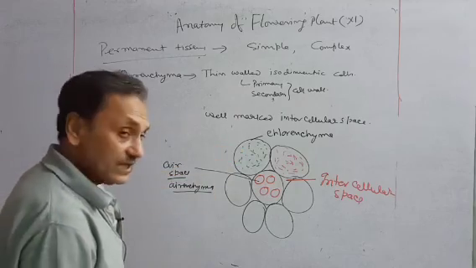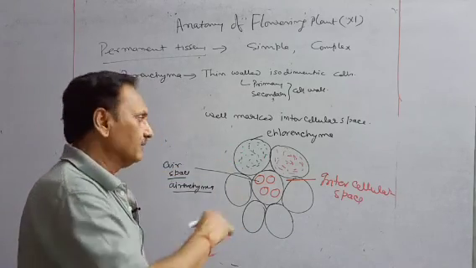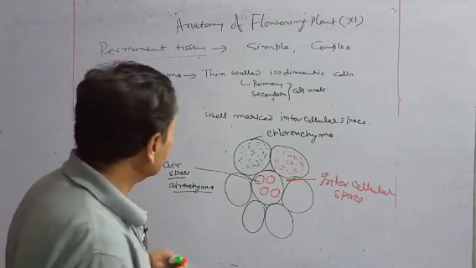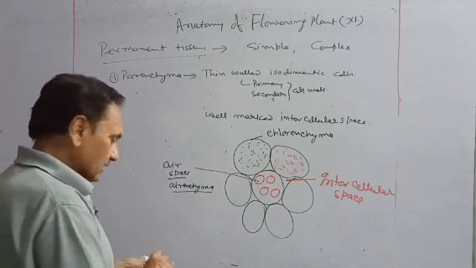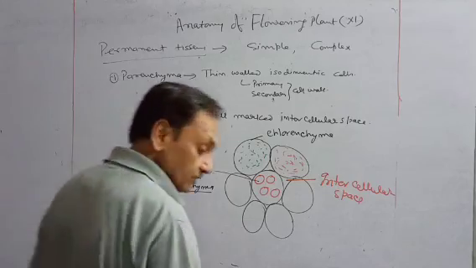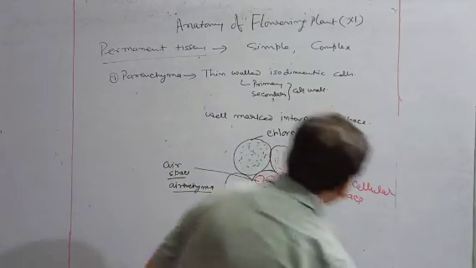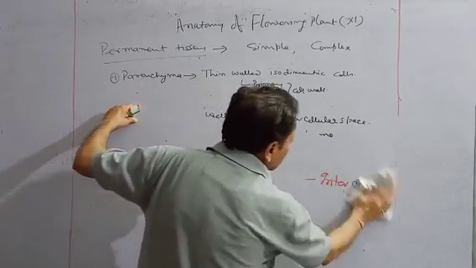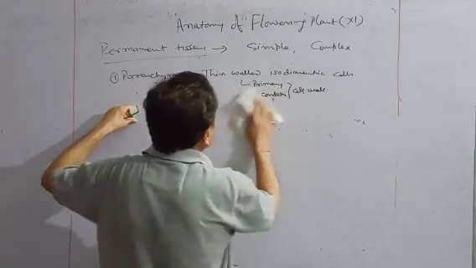It is present in the xylem also, where it is called xylem parenchyma. But generally the parenchymatous tissues are present in ground tissues. We will discuss this later in detail.